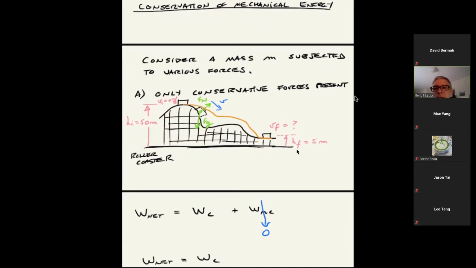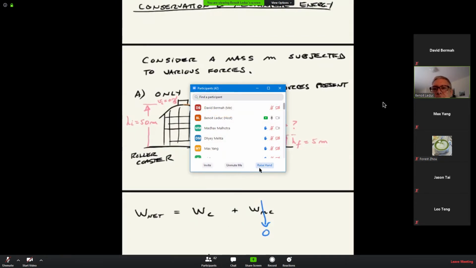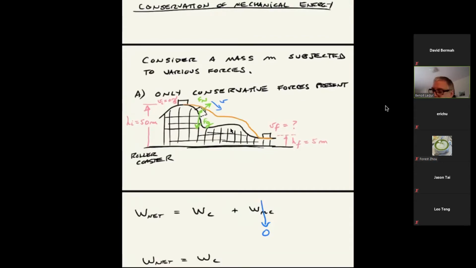Eric, there we go. It will be the same. Exactly, because it doesn't depend on the path. Very good. Now I'm starting with 0 meters per second, so I couldn't have the curve going like this, because it's 0 meter per second here.